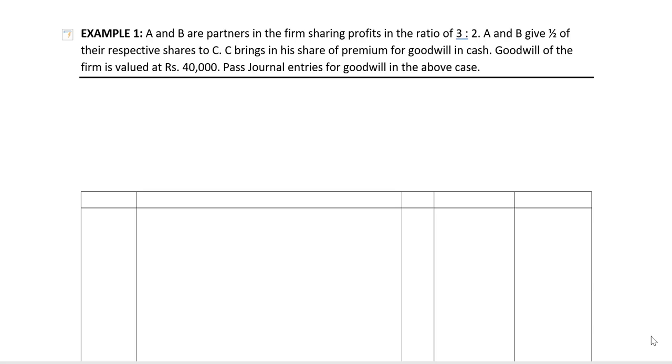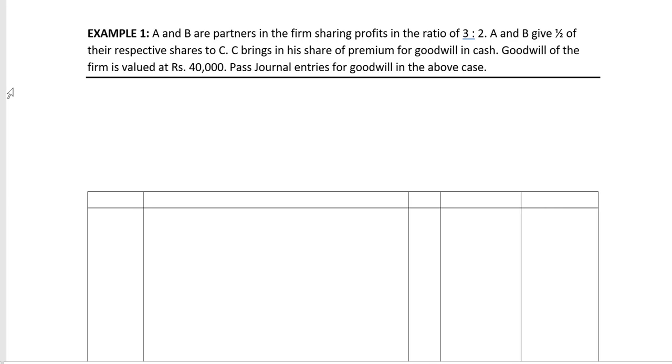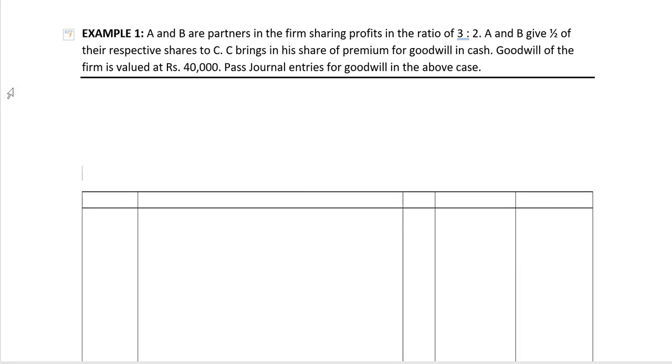Now we need information about the sacrifice of A, the sacrifice of B, and also the new share of C if we need to go ahead with solving the problem. So let's prepare the working notes for that. Working notes.